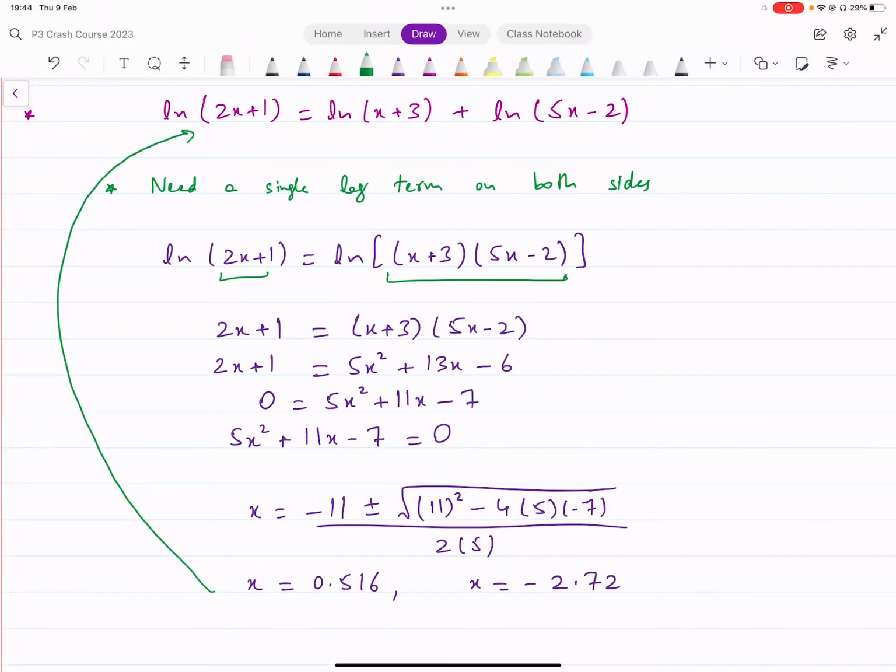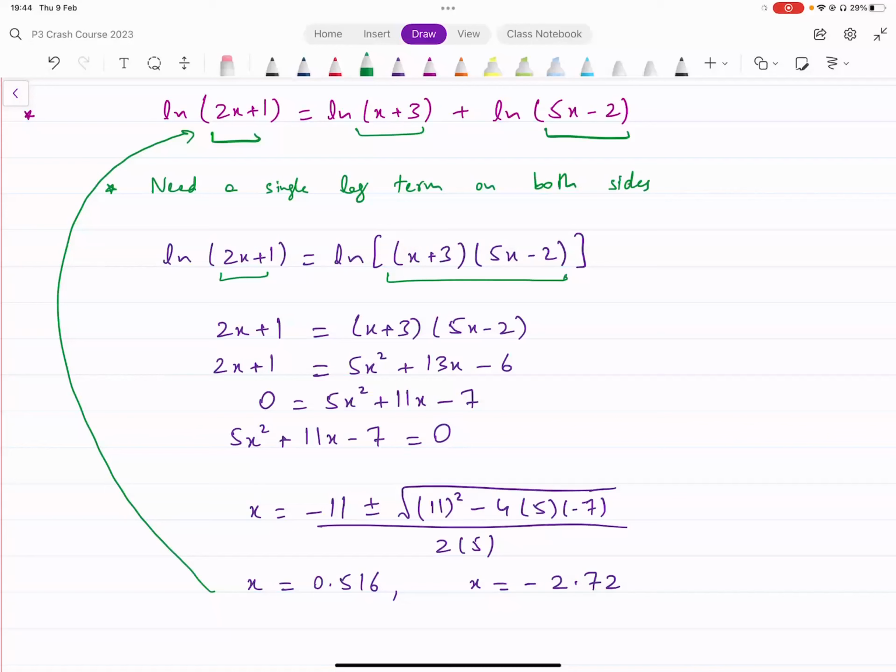So for instance, in this case, you're getting two answers, 0.516 and minus 2.72. What you have to do is input both of them in each of these log terms to see in case any of them become negative when you input that value.